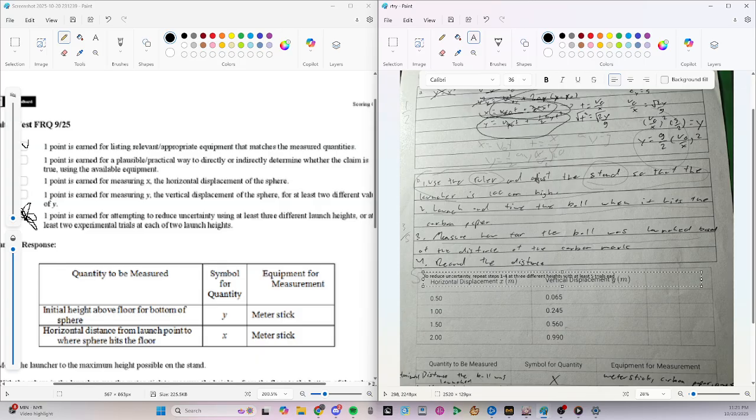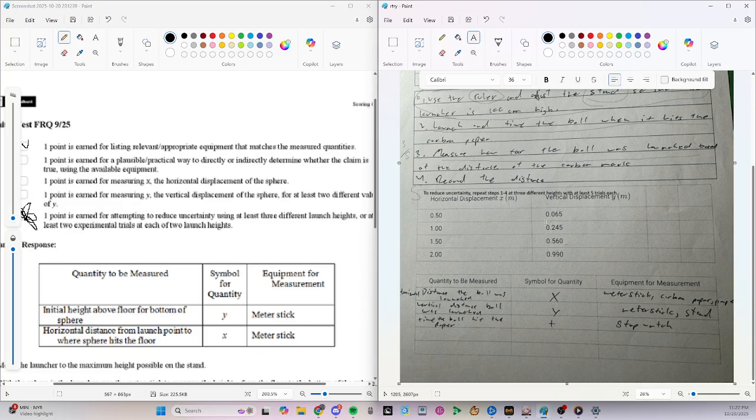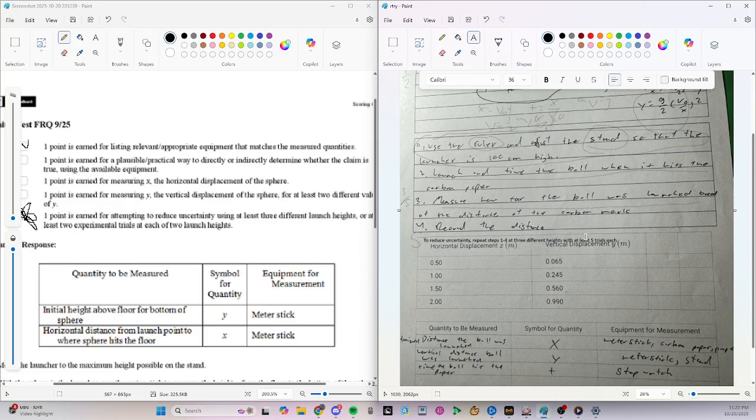And this last step would reduce the uncertainty of the stand or the launcher.